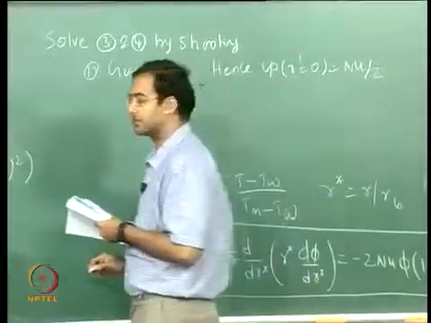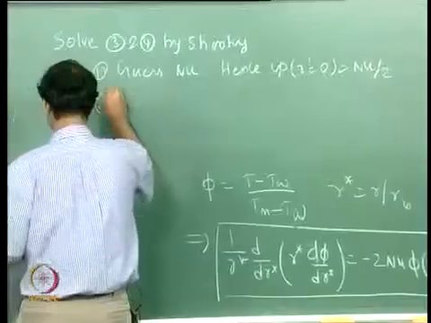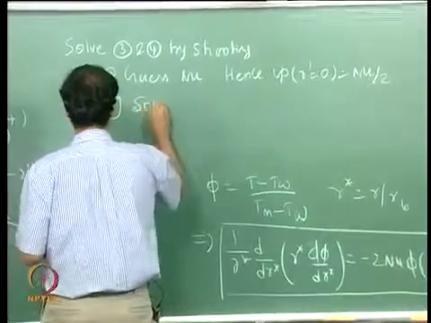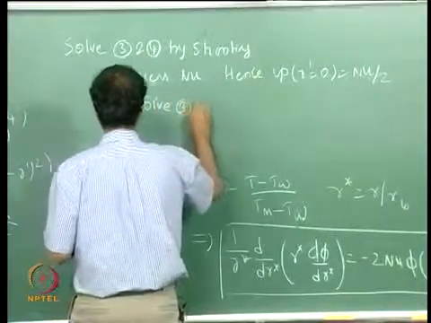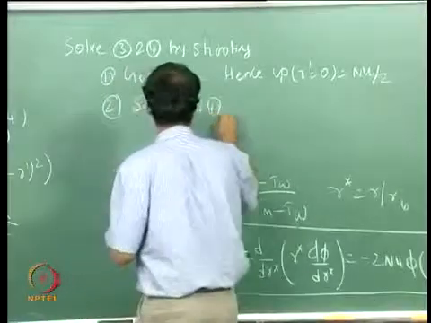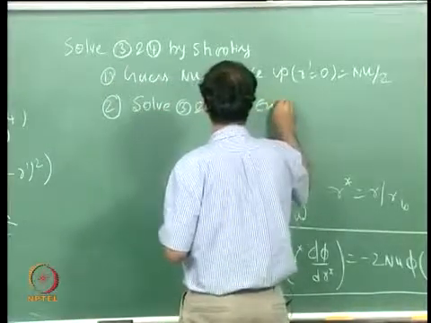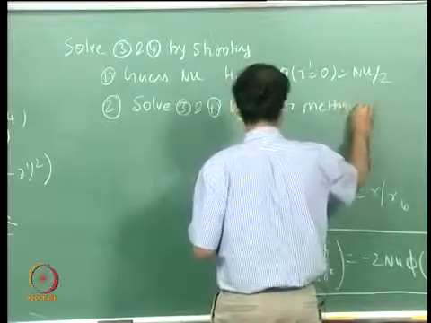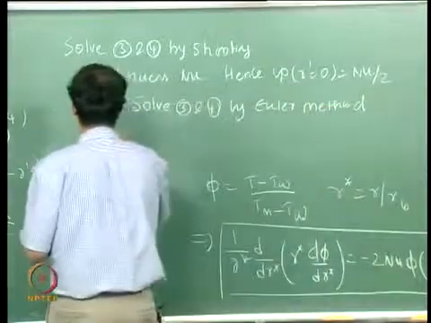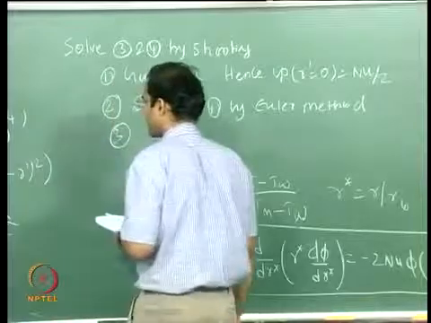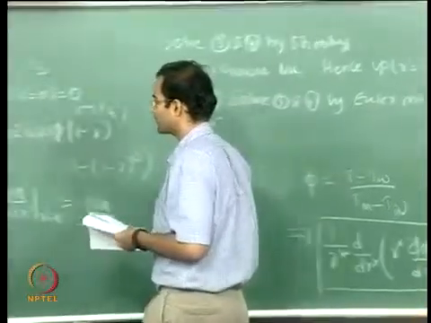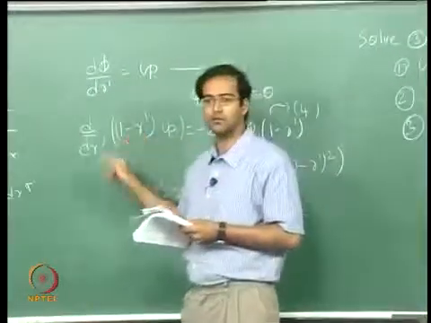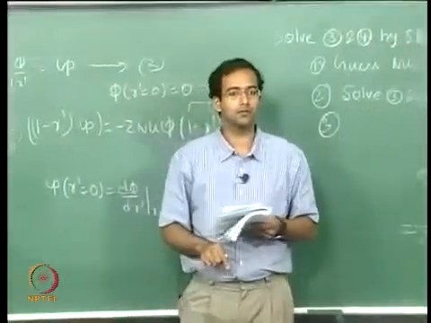That is the first step. Number 2, you solve 3 and 4 by say Euler method. Okay. So you start from r prime equal to 0 up to r prime equal to 1.